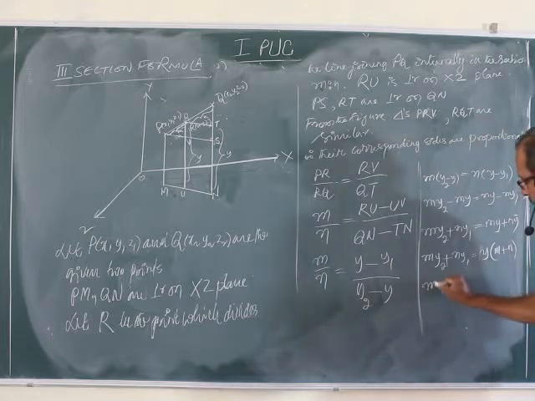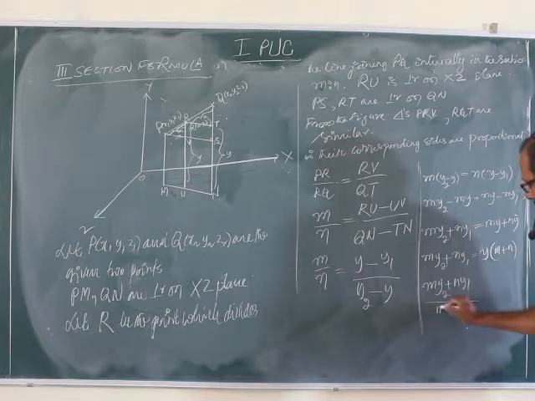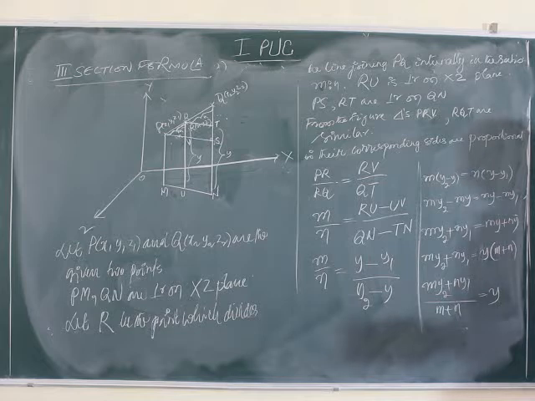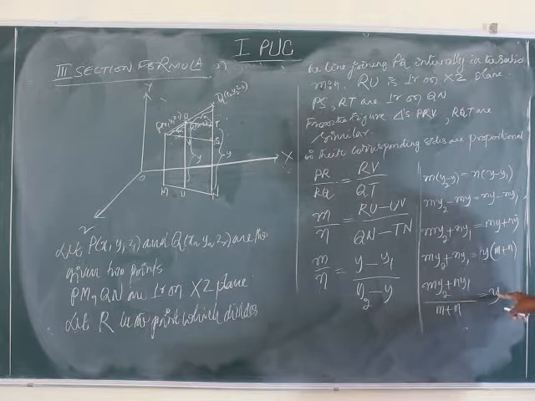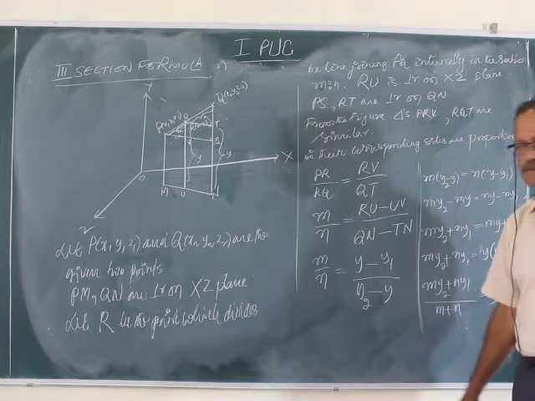Or My2 plus Ny1 divided by M plus N is Y. So the Y coordinate is actually what is required. It divides in the ratio M is to N. So everything is known here. Ratio, Y1, Y2, everything is known.